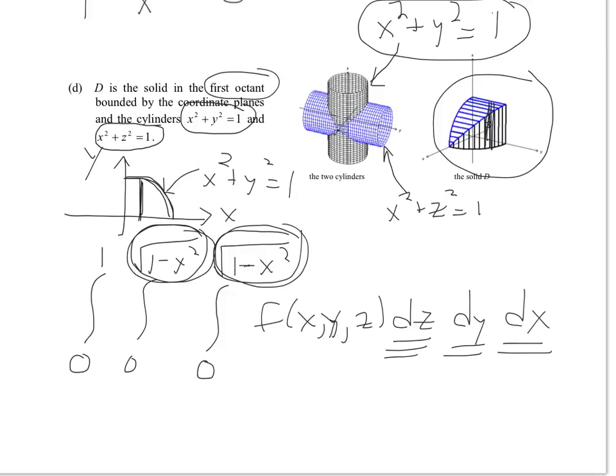Okay, so I realize 4 examples aren't going to suddenly make you all experts at setting up limits of integration for a triple integral, but hopefully this was somewhat enlightening.